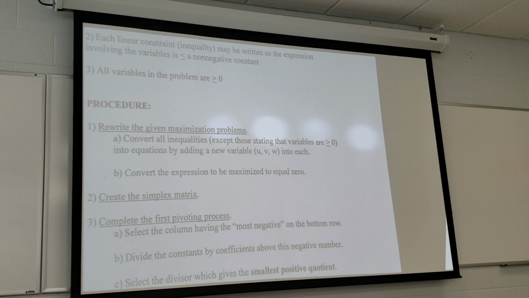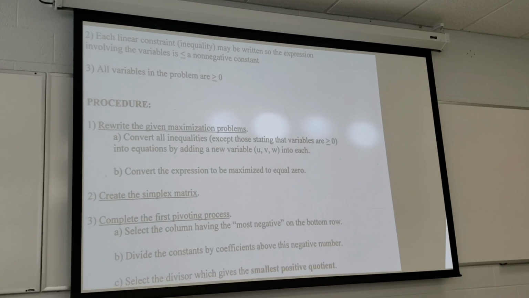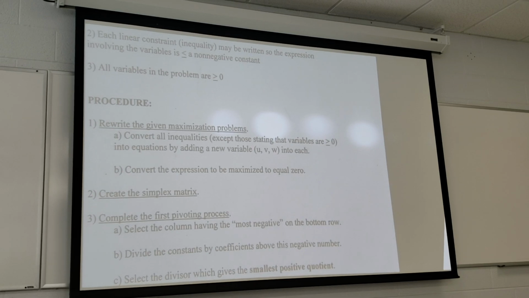Okay, listen, and then I'm going to show you how you do it. We're going to take these inequalities and rewrite them using what's called a slack variable. So let's say I had an inequality. I'm going to make one up.